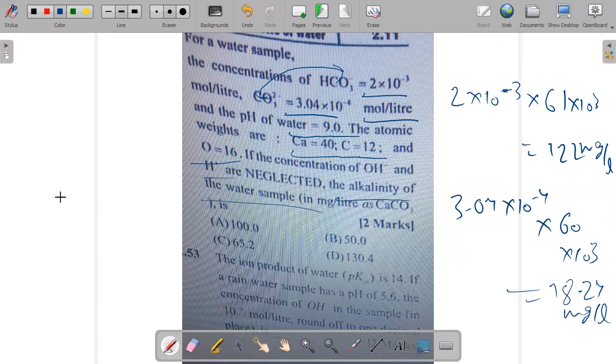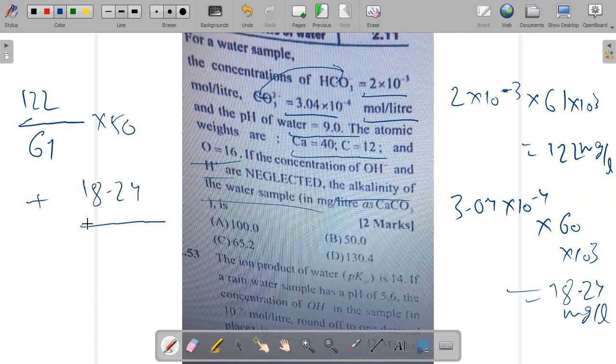And after this, everything is simple: 122 divided by 61 by 1 multiplied by 50, plus 18.24 divided by 60 by 2, that is 30, multiplied by 50.